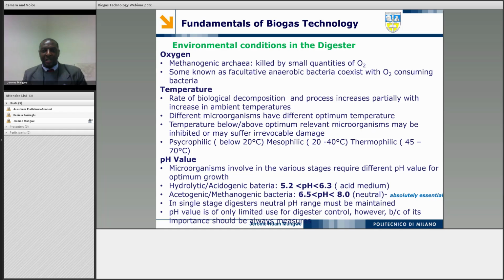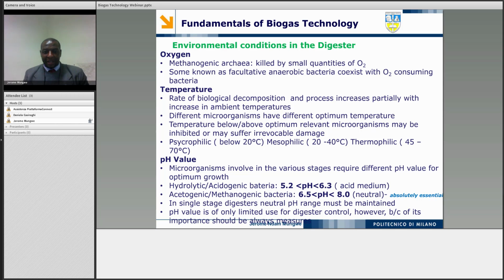Another very important environmental parameter is the acidity of the medium, which is measured in terms of the pH value. As you have seen, in the first two stages of the process, the bacteria that are involved depend on acid for their survival, so they require an acid medium, which ranges between 5.2 and 6.3 pH.